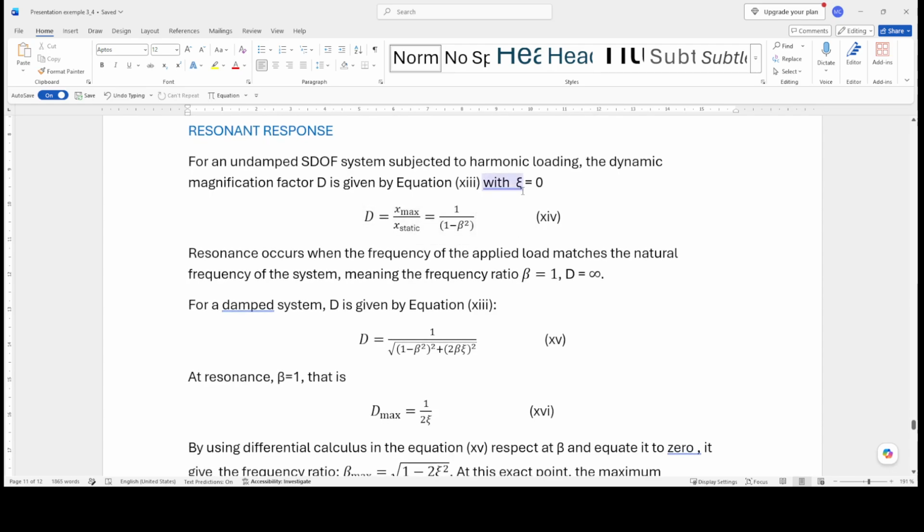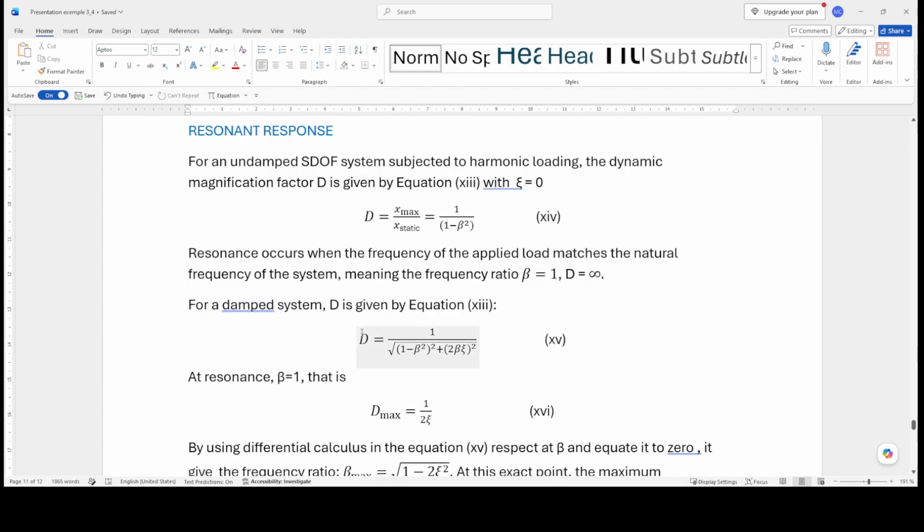We can simplify D with xi equal 0, so D equals 1 divided by 1 minus beta squared. Resonance occurs when the frequency of the applied load matches the natural frequency, so beta is equal to 1, so 1 minus 1, this ratio goes to infinity, so D is equal to infinity and we have resonance.